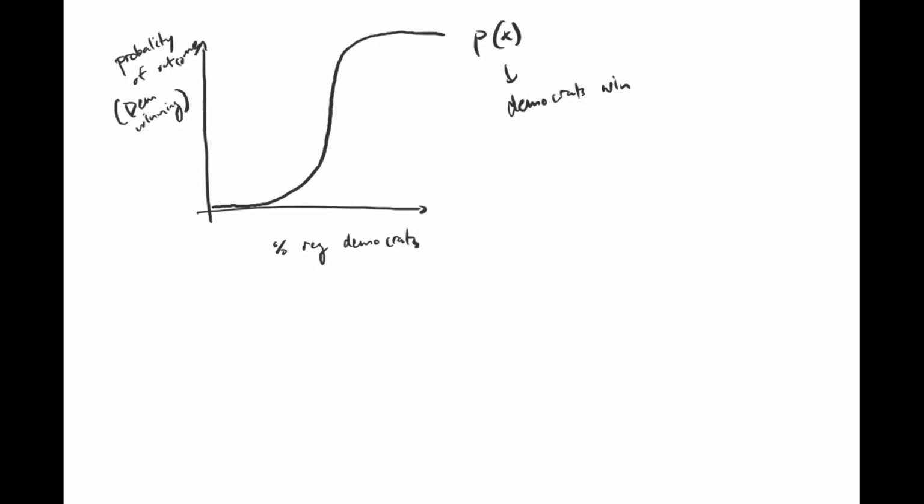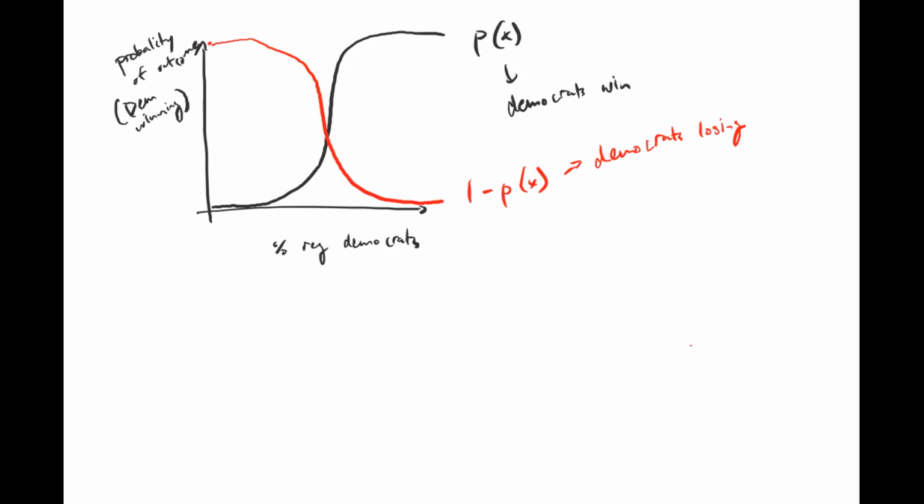But in reality, there's one other line. You actually have something like this, which is 1 minus P of X. In other words, this is Democrats losing. These are your two possible outcomes.